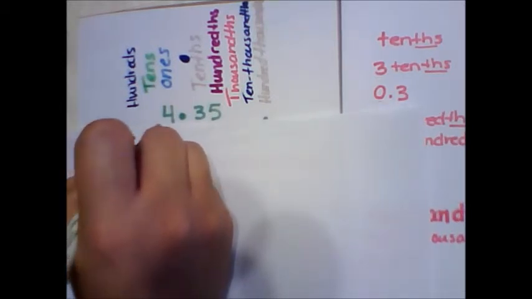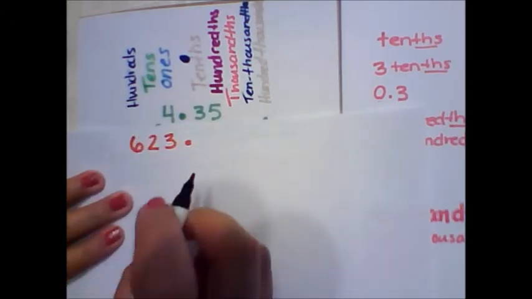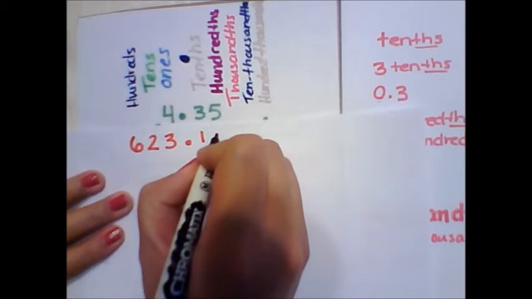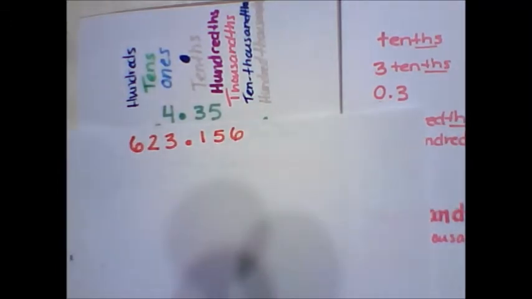So my number is going to be 623 and 156 thousandths. So you're probably wondering, oh, Miss Mizzy, how on earth did you know how to say that automatically? Well, I had some fantastic references to go by here.